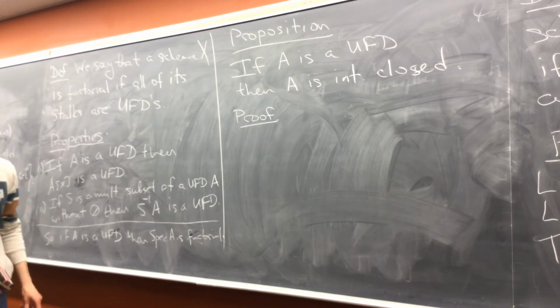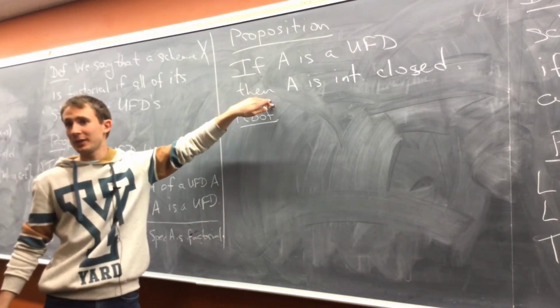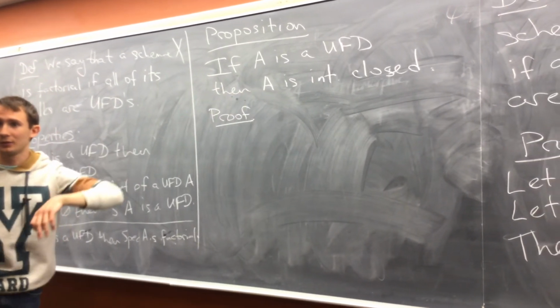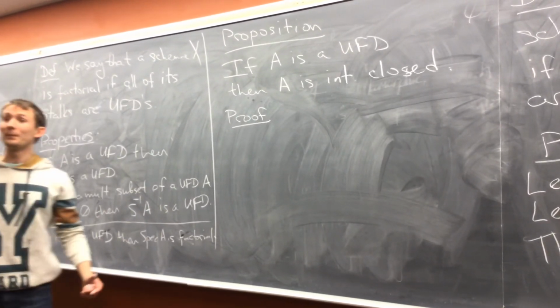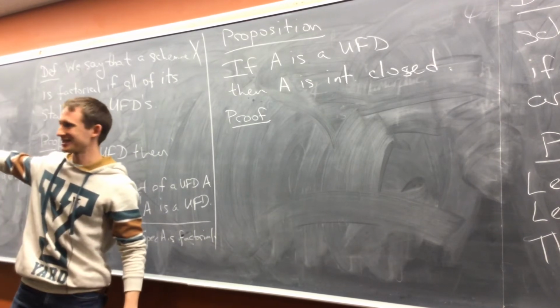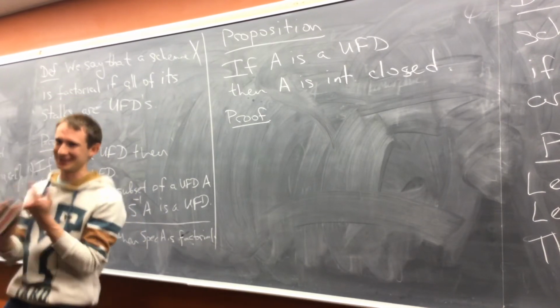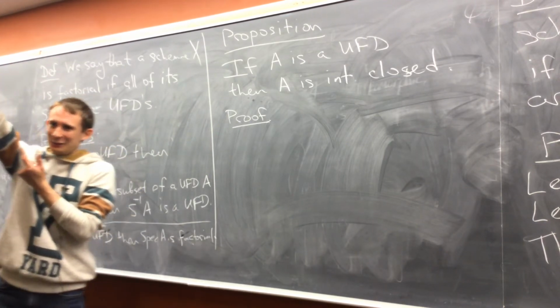Okay, so now let me prove this fact and what it would imply, right? Is the converse true? So no, it's not. Just like for normal schemes, we can have a normal scheme where the original ring is not even an integral domain.